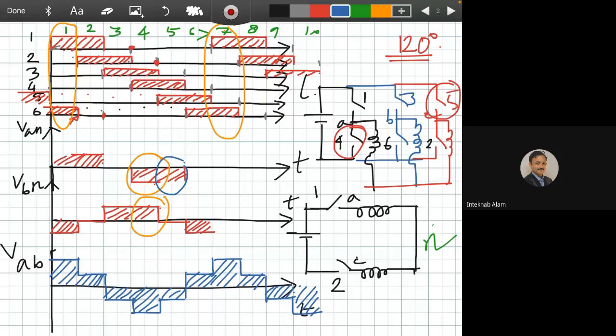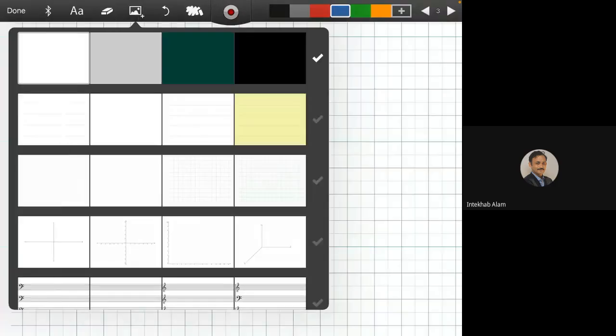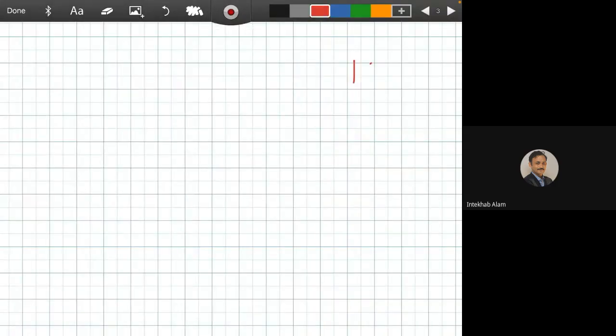So I am giving you an assignment. In this assignment, the conduction angle is actually 150 degree. And you have to find VAN, VBN, VCN.